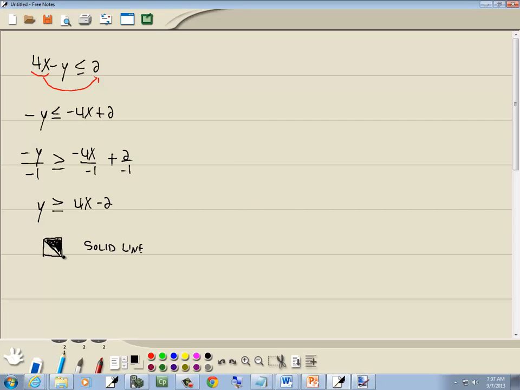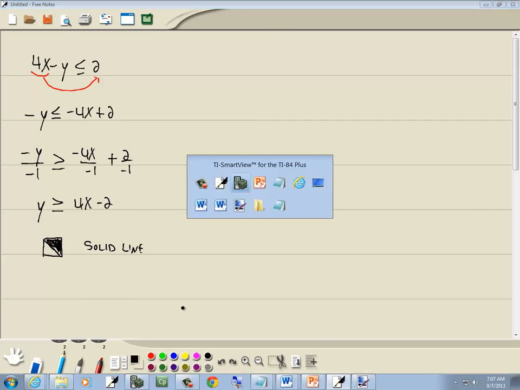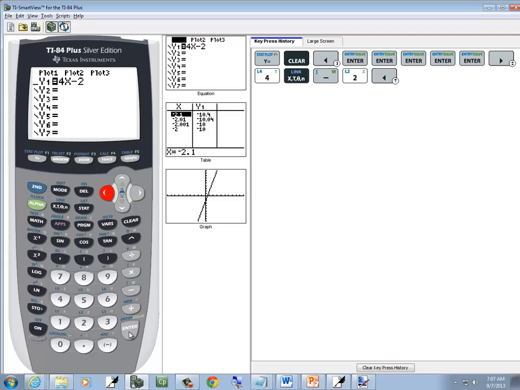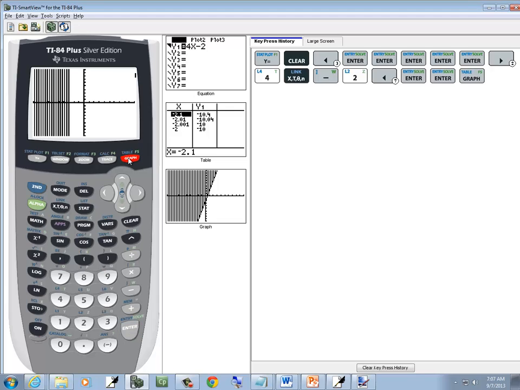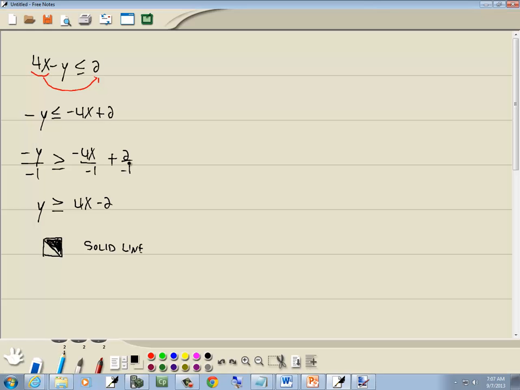Now we said we want an upper right hand triangle. So we're going to press our enter twice. Once makes it a thick line, and one more time makes it an upper right hand triangle. Now once you get that, you press graph. And this is almost your answer. The only thing it doesn't tell you is what is the line that separates the shaded from the non-shaded region.